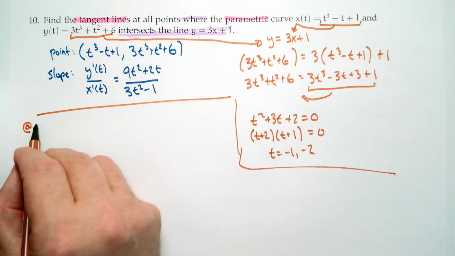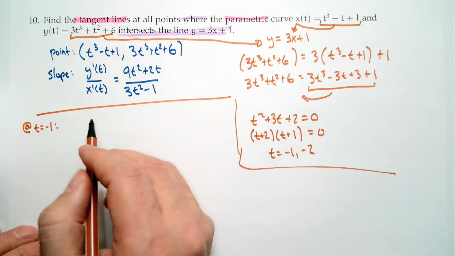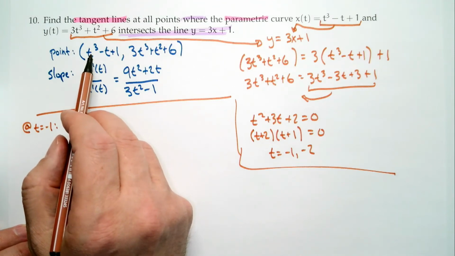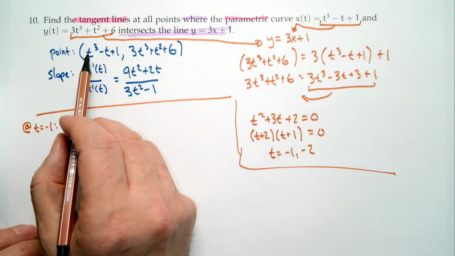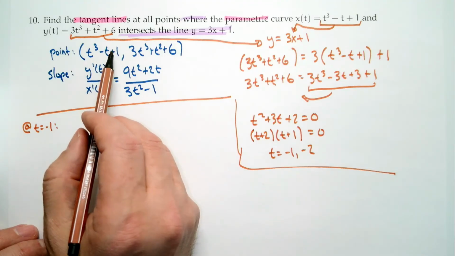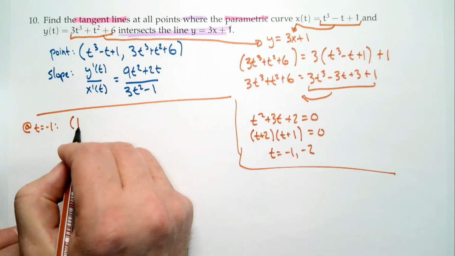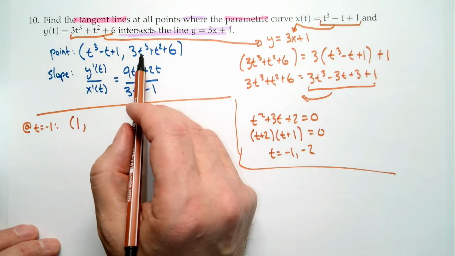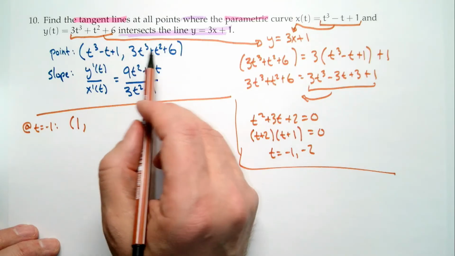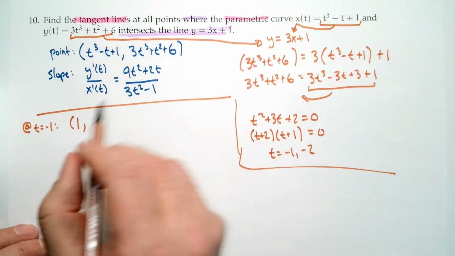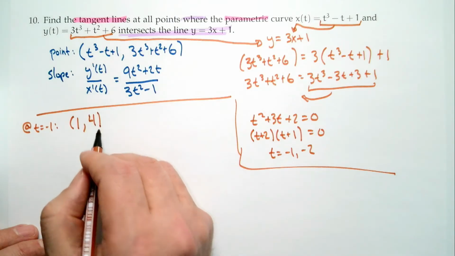So at time -1, we plug -1 into here. -1 cubed, -1, subtract -1, plus 1, and then plus 1 more. So the x-coordinate is 1. 3 times -1 cubed, -3, plus 1, plus 6. 4.